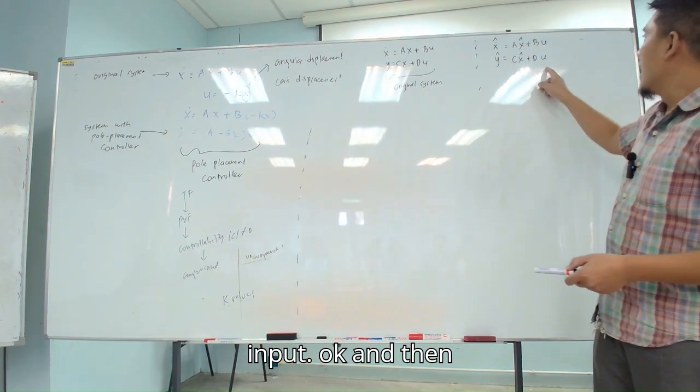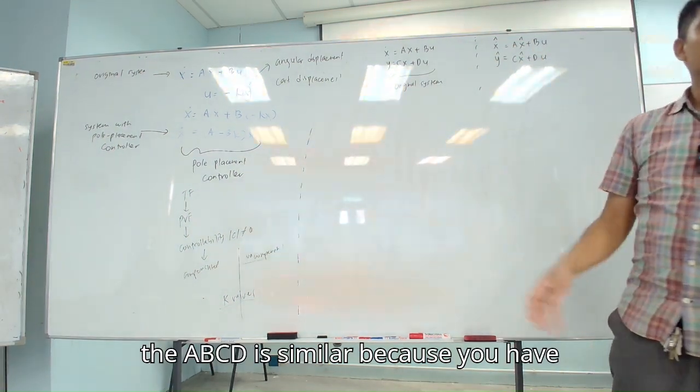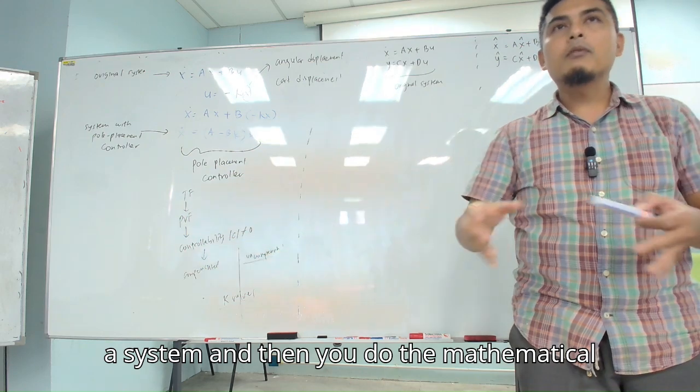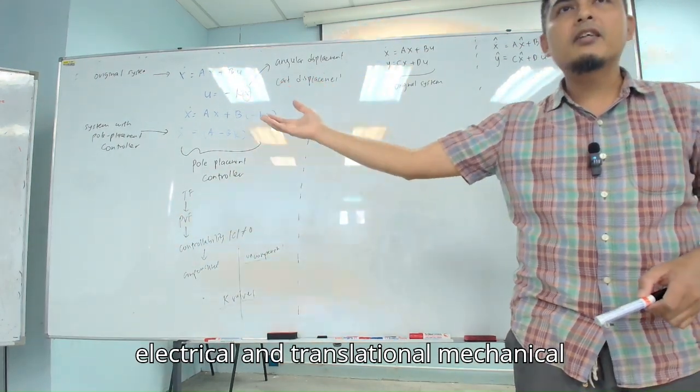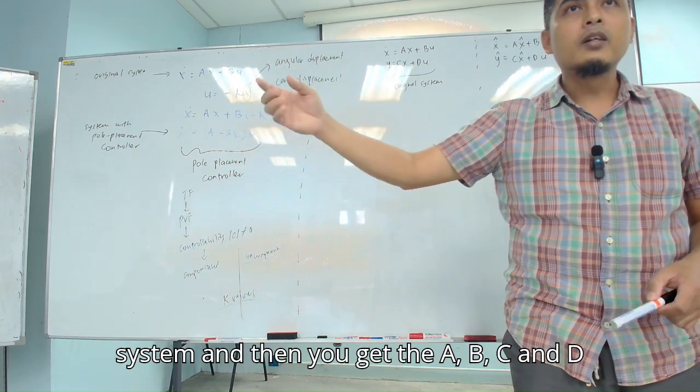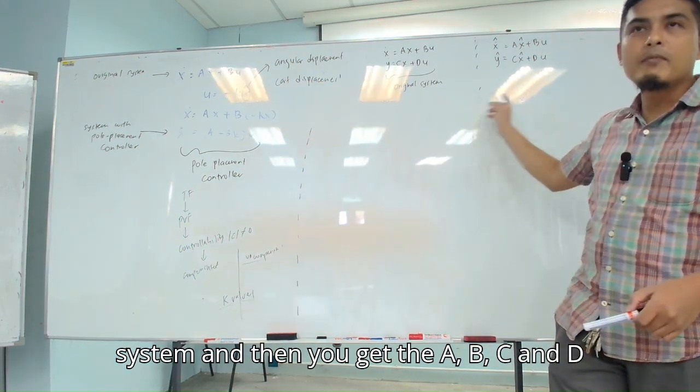And then A, B, C, D are the same, because you have a system and then you do the mathematical modeling. If you still remember the electrical and translational mechanical systems, you get the A, B, C, and D matrices.